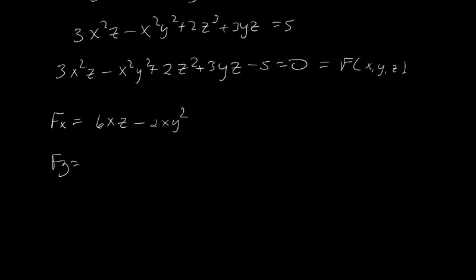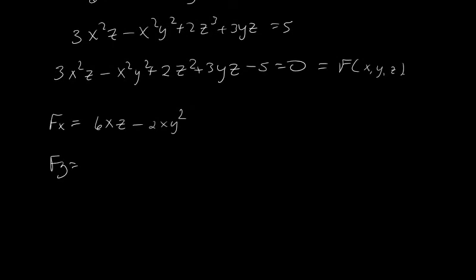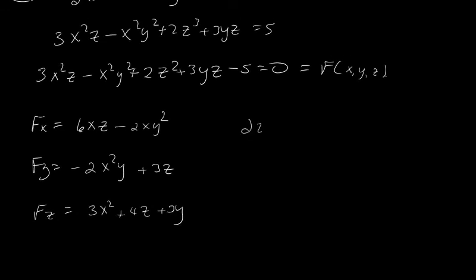The partial derivative of F with respect to y is going to be negative 2x squared y plus 3z. And then the partial with respect to z is going to be equal to 3x squared plus 4z plus 3y. Okay, so then our partial of z with respect to x is negative F sub x over F sub z. So that's going to be negative 6xz minus 2xy squared divided by 3x squared plus 4z plus 3y.